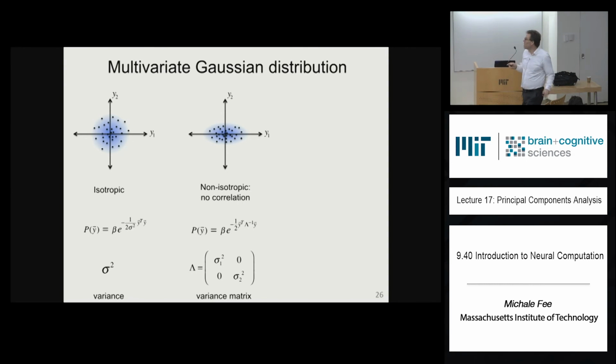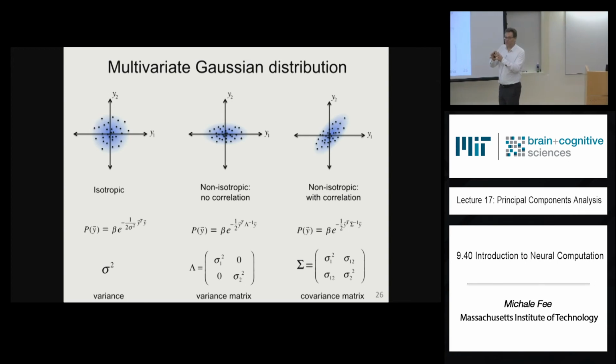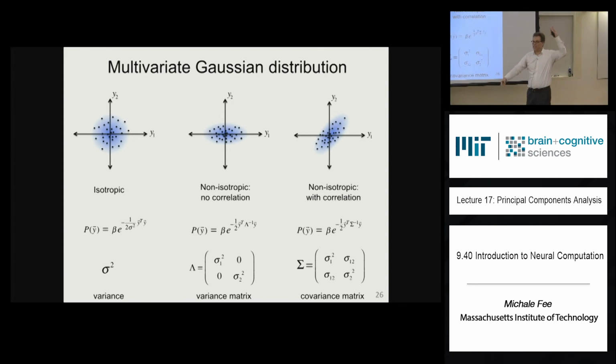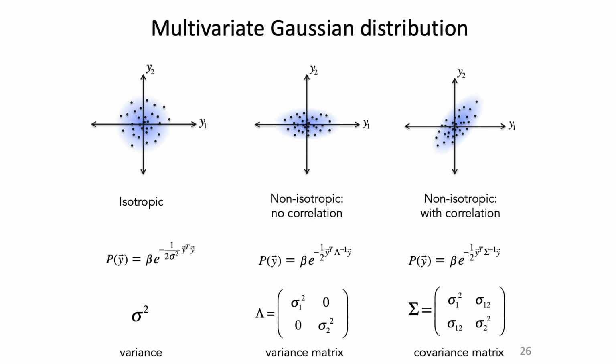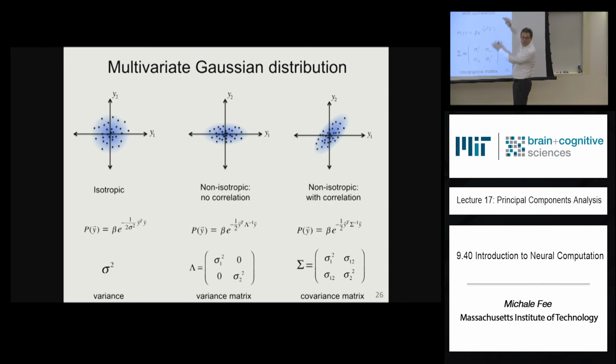And then we'll build an arbitrary Gaussian distribution that can be stretched and warped in any direction by using a transformation matrix called a covariance matrix, which just tells you how that distribution is stretched in different directions.